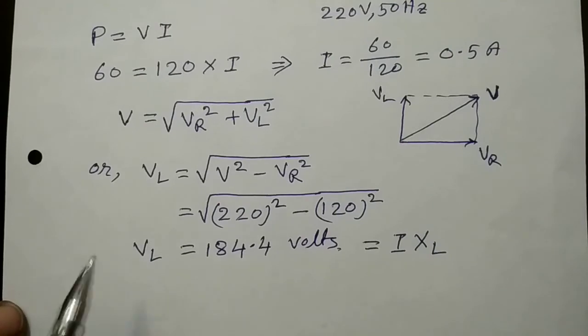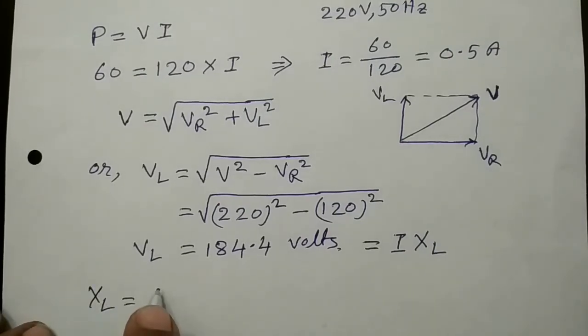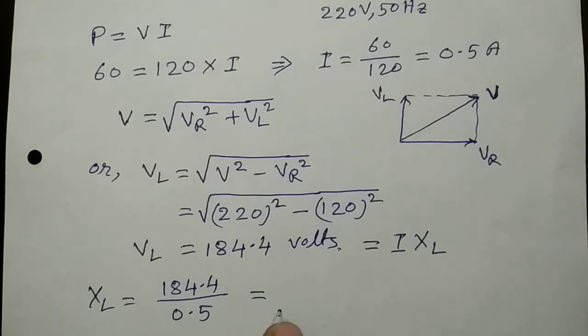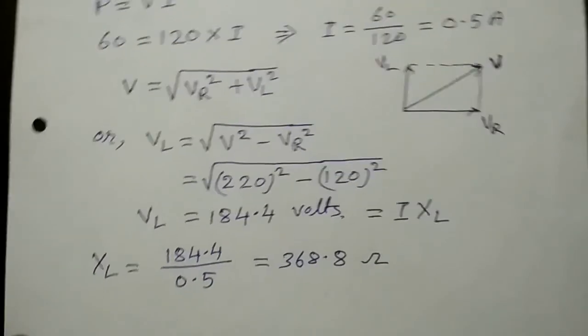Therefore, XL can be written as 184.4 upon the current, and the current we have calculated is 0.5 ampere. So the value of XL is 368.8 ohms.